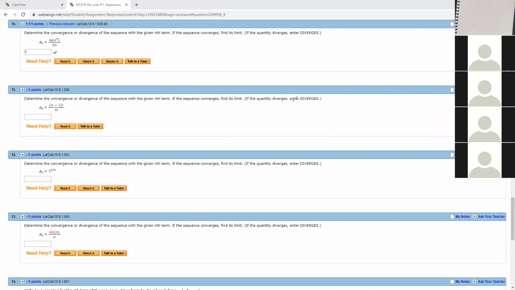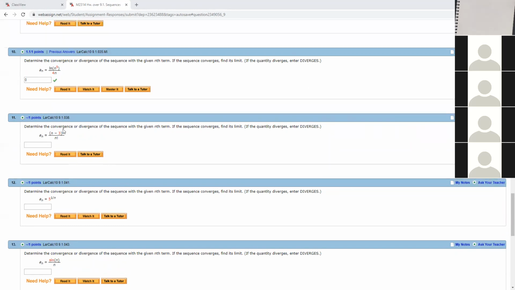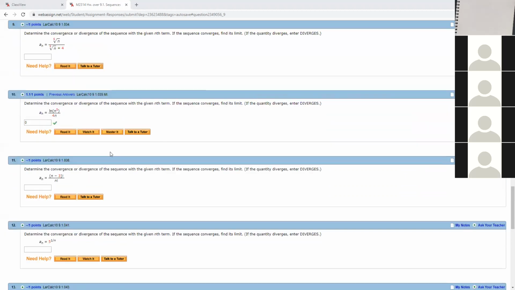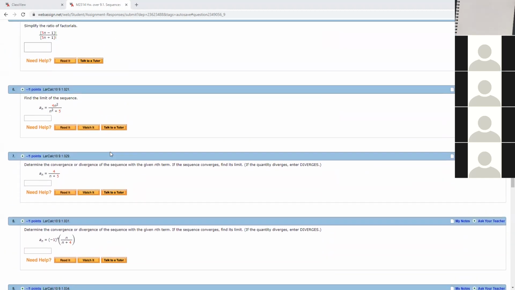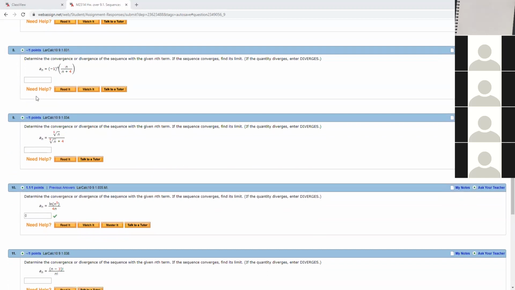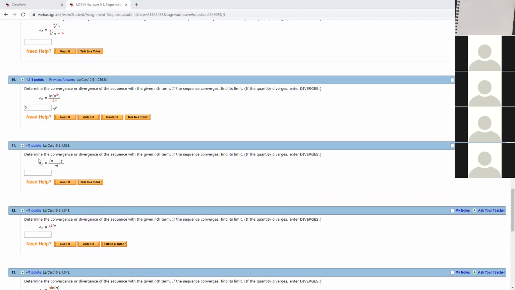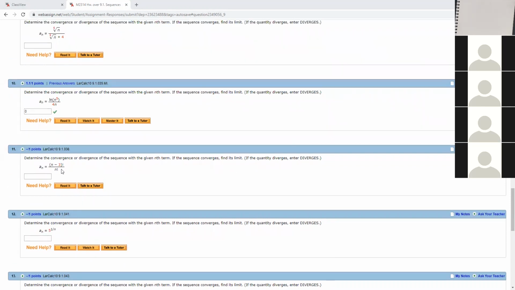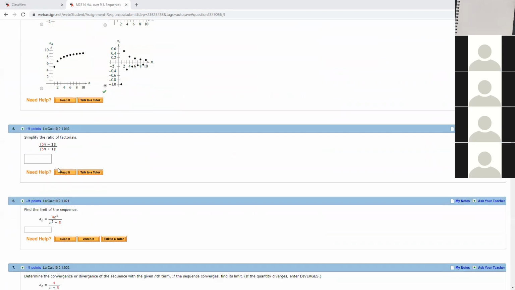So let's try this one. And this one is the same idea as the rest of them, except that it has this factorial symbol, which we're also being asked to practice up here with number 5. But notice it doesn't say anything about a sequence. It just says simplify. So to do number 11, we're going to have to simplify this first, just like they're asking on problem 5.